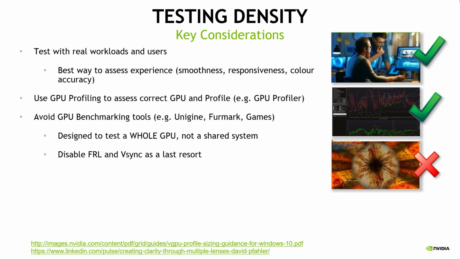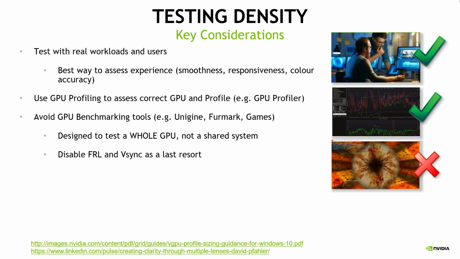Try to avoid any benchmarks that were designed for gaming. Things like Unigine Heaven, Furmark, and some gaming benchmarks that are out there. They're not designed to be used in a virtual GPU environment, and they really assume that you have the whole GPU to yourself. It's not going to replicate what a real user environment will look like with contention on that GPU.